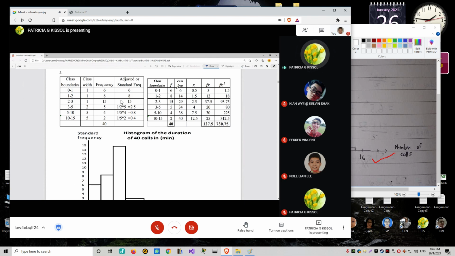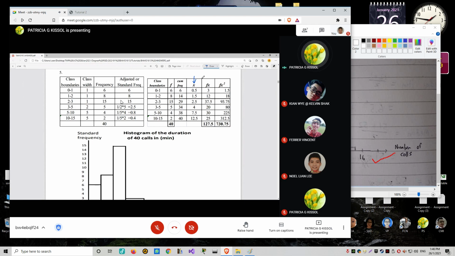And then just like what we did just now, the value of x, how do you get 0.5 here? Because it's grouped data. So what you need to do is 0 to 1, you add them up and divide by 2. That's why we get 0.5 as the class mark. Yeah, so in a way we get the midpoint.